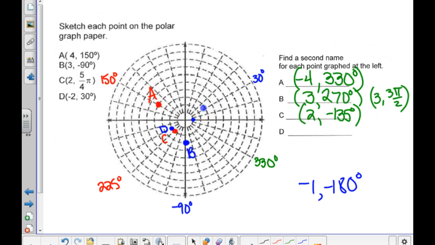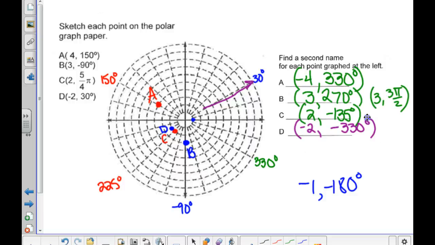So I'd be on this axis, which is negative 330. And then I backed up to D, I would back up how many? Negative 2.